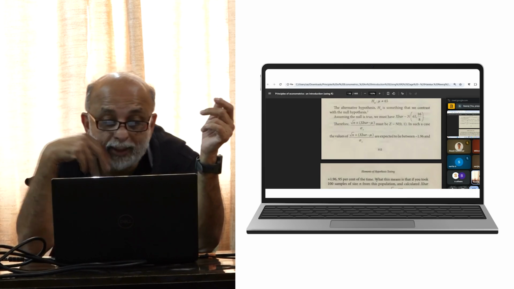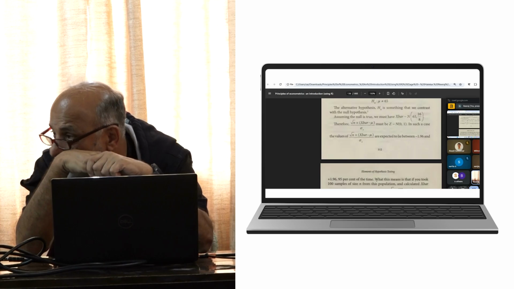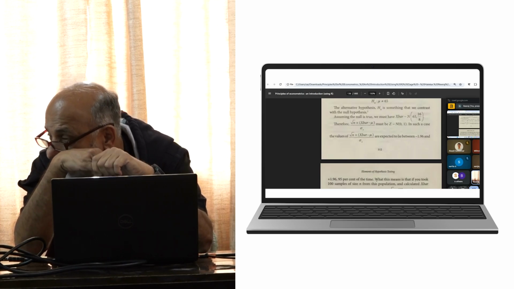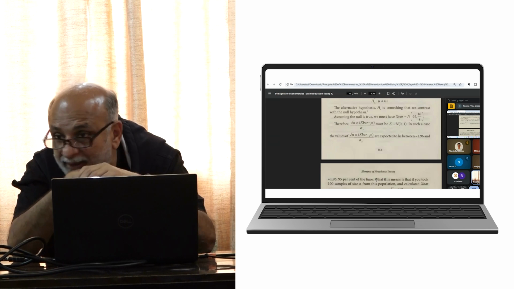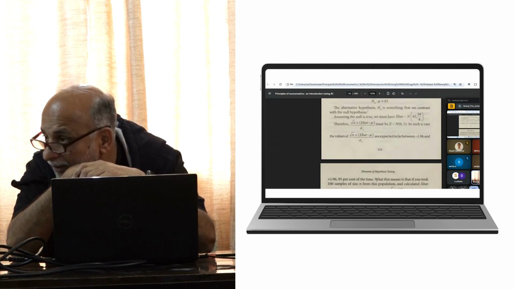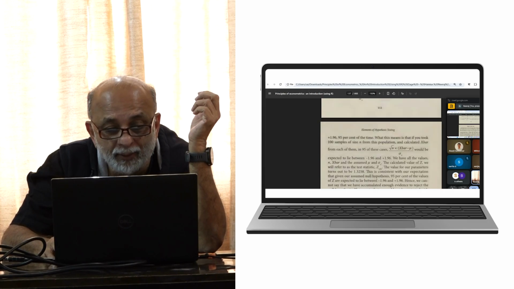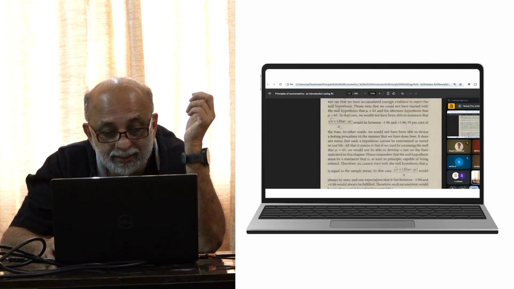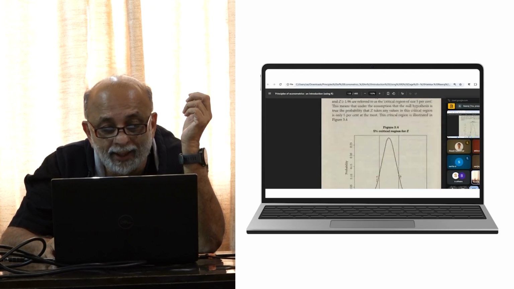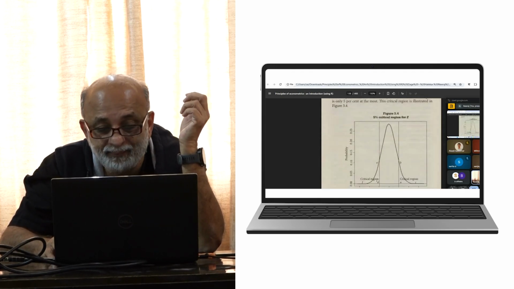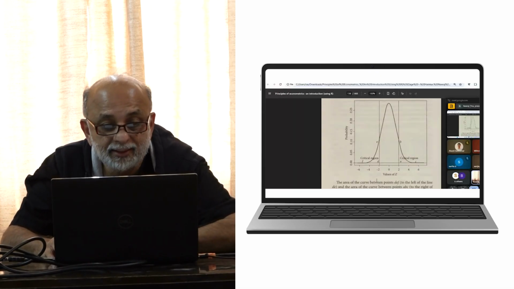So it will lie between minus 1.96 and plus 1.96 with 95% probability. Sure? And these are called critical regions, that also we have seen.